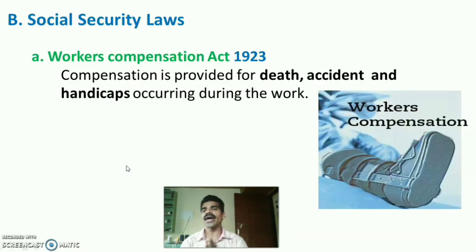The second main group is the Social Security Laws, providing security to the employees. It includes first the Workers' Compensation Act 1923.